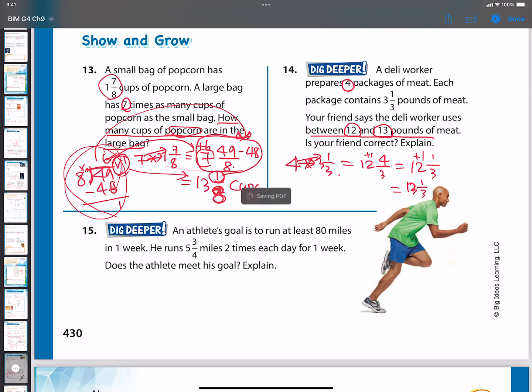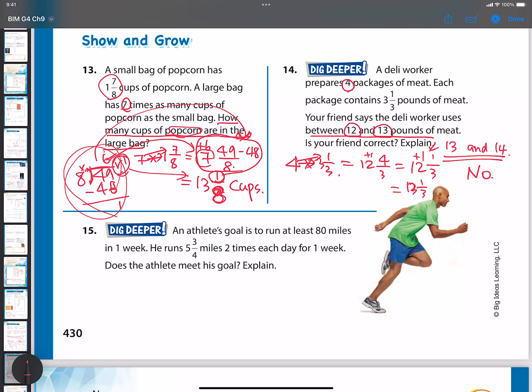That means the deli worker used between 13 and 14 pounds, not 12 and 13 pounds. So the answer is no. And this is my explanation.